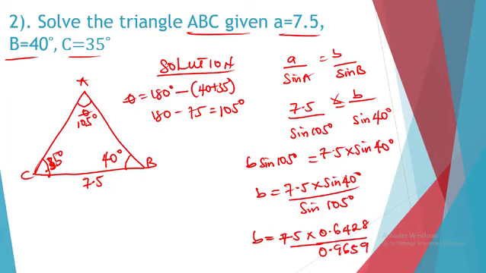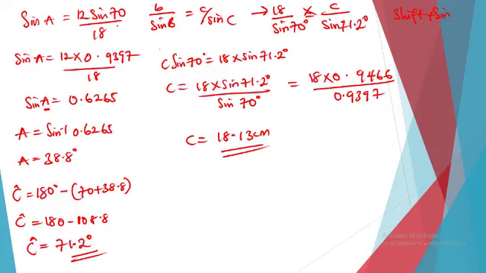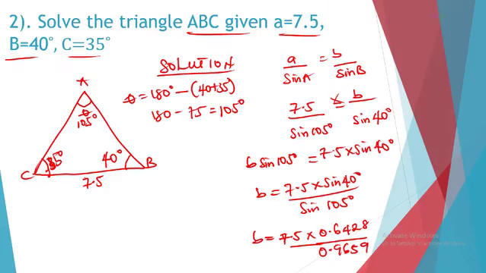So 7.5 times 0.6428 is 4.82, divided by 0.9659, which is equal to 4.99 cm. That's the value of our side b here.